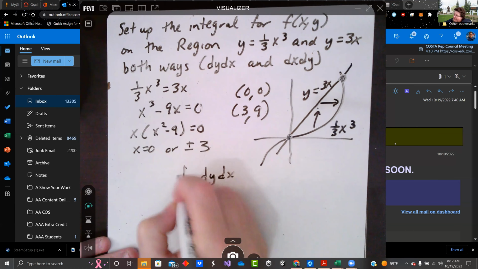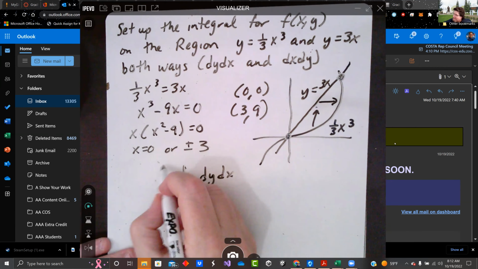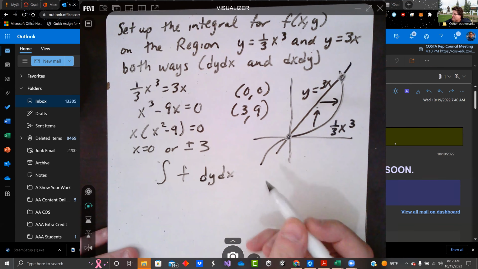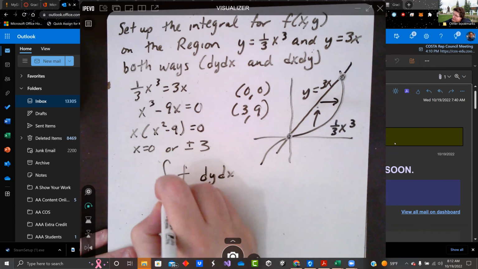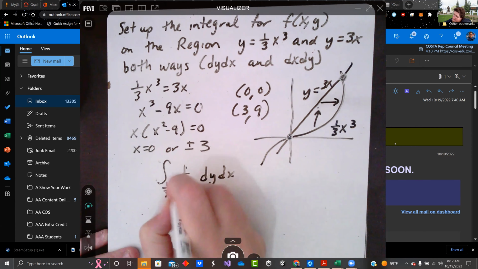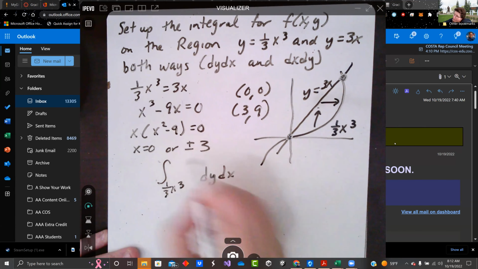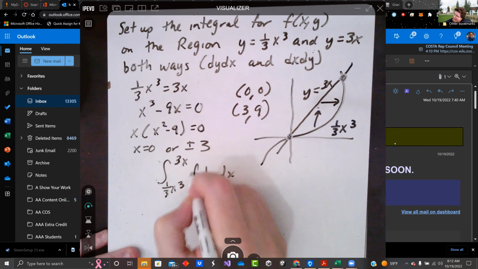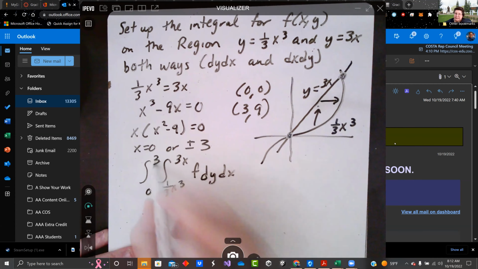So we've got f here. I didn't say what the function is because I didn't want you guys distracted by it. It's irrelevant at this point. The function we're starting with is y equals 1/3 x cubed, up to 3x. Then we've got f here. And then we are going from 0 to 3 along x.